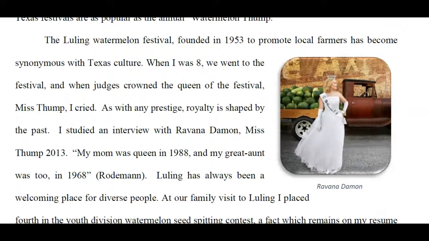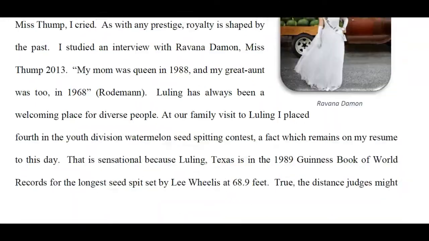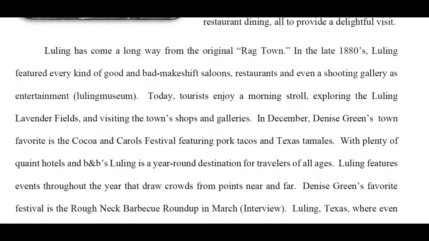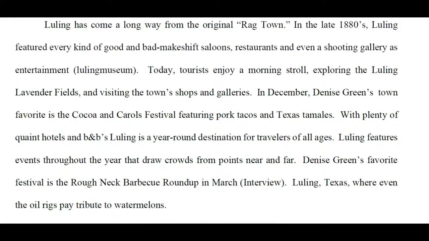And the next is the information about the festival, the watermelon thump. And finally, the conclusion. Now, what does the thesis statement need to include?